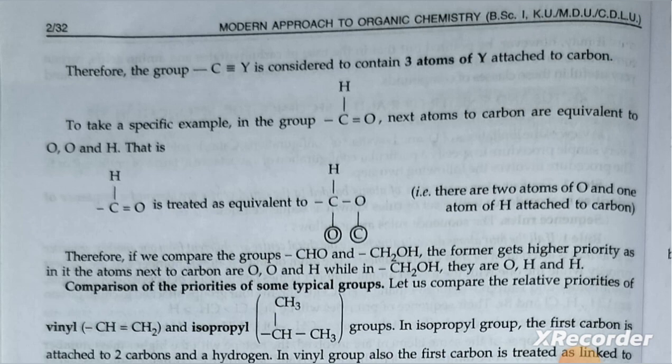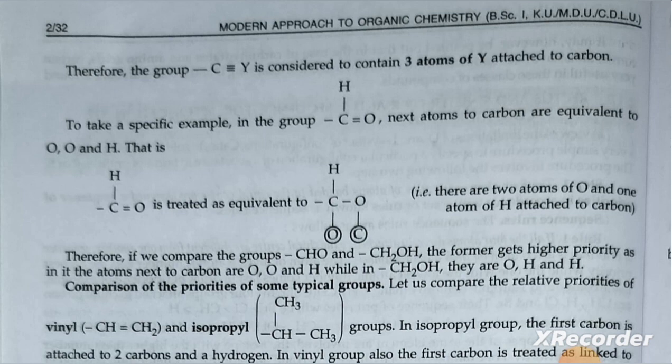To take a specific example, in the group single bond C, single bond H, double bond O, the next atoms to carbon are oxygen, oxygen and hydrogen. That is, single bond C, single bond H, double bond O is treated as equivalent to single bond C, single bond H, single bond O, imaginary oxygen, single bond O, single bond imaginary carbon.